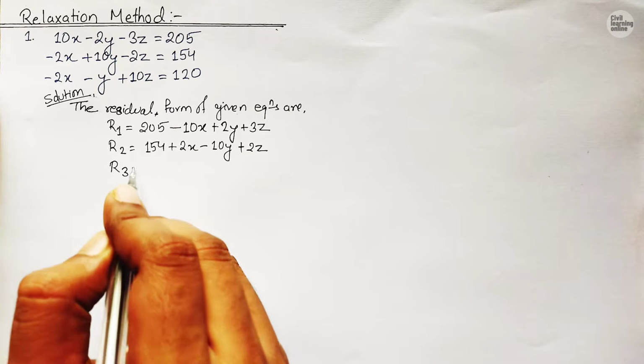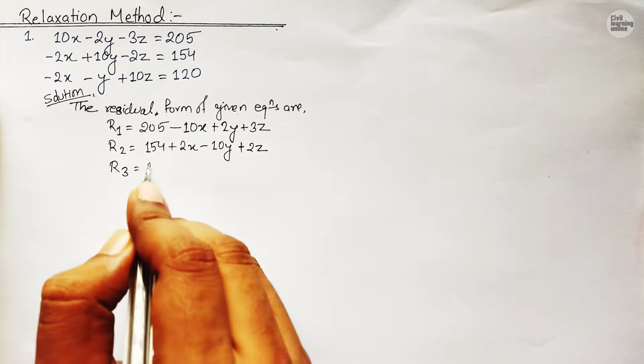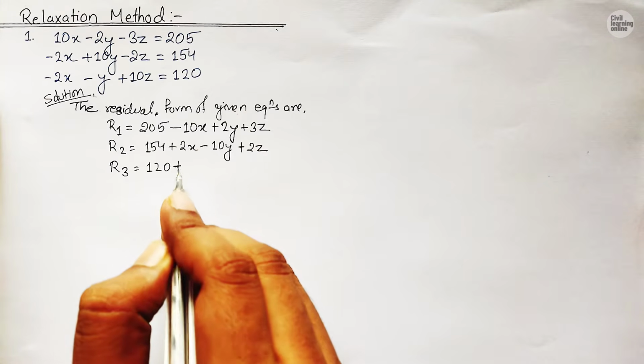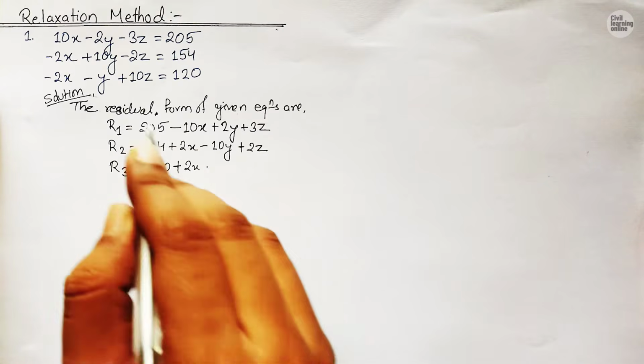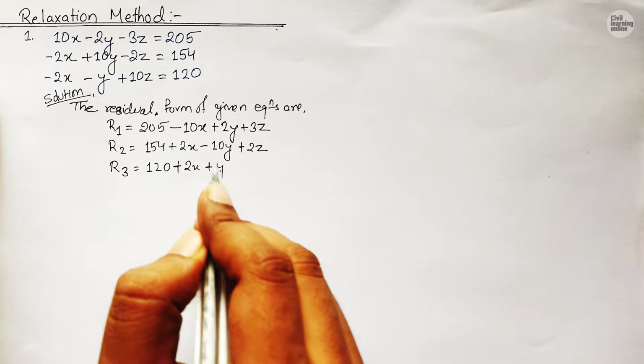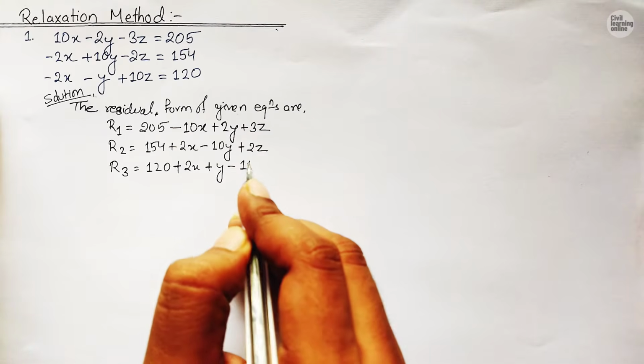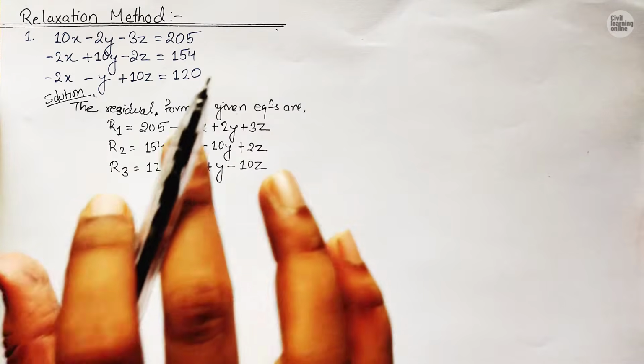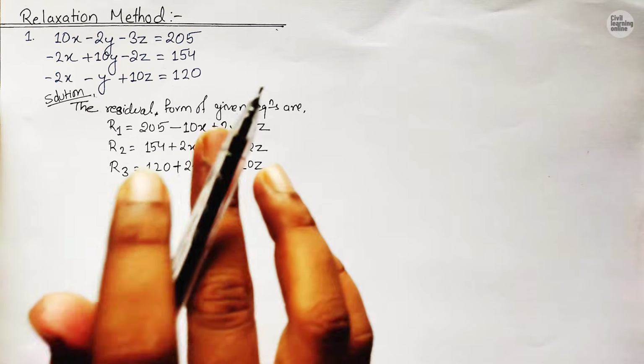For r3 we will have 120, and this is minus 2x means plus 2x, minus y means plus y, and plus 10z means minus 10z. Now we have successfully written the given equation into residual forms.